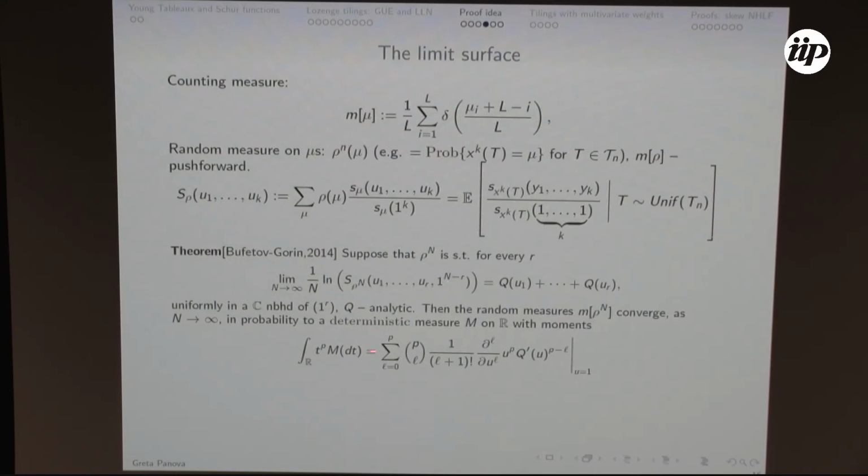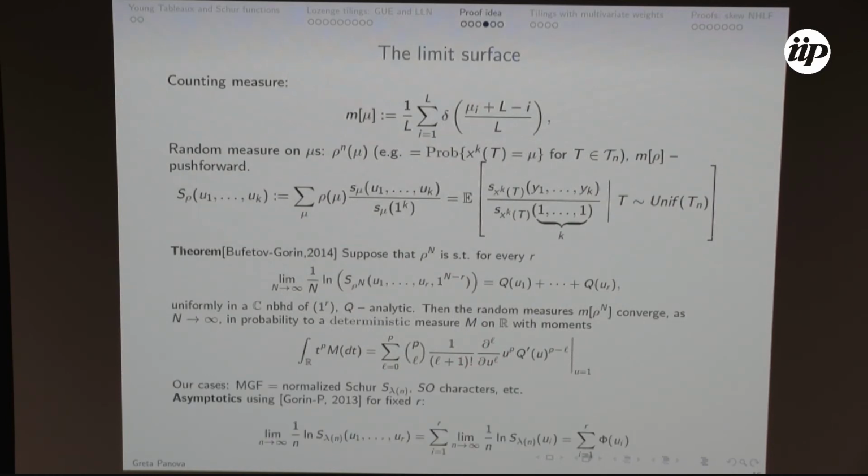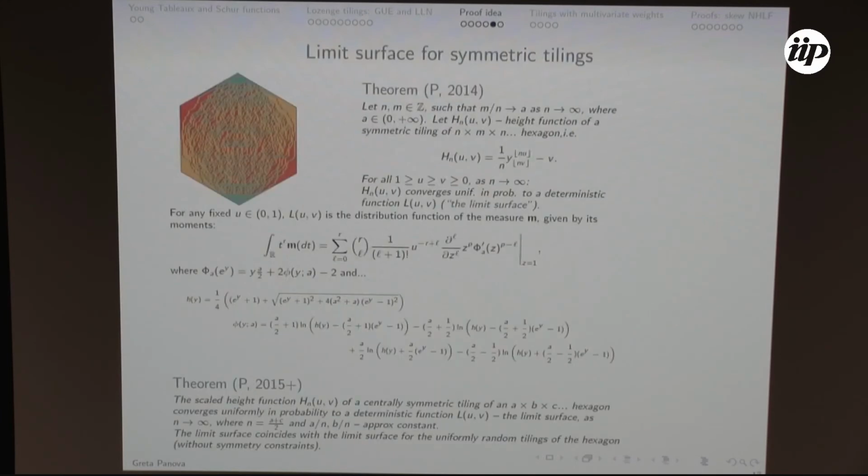One can extract actually the limit surface as basically a deterministic measure for every horizontal line that you draw, and one can extract, in principle, the limit surface from a computation like this. So depending on the convergence of the Schur function, and again, one needs some analysis of these normalized Schur functions to get the actual limit from this thing.